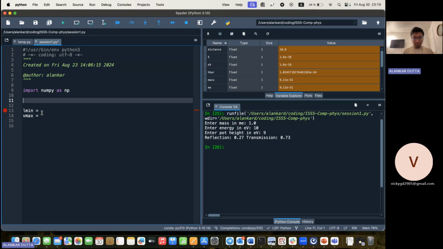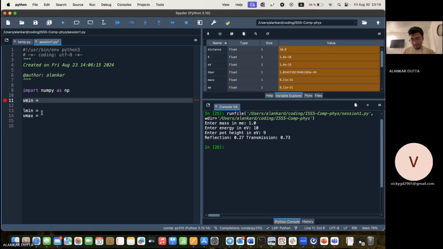So given these, the other is very simple. So if you want to find out V min, then this will be V min equals to, let's first find out V max and L min. Okay.